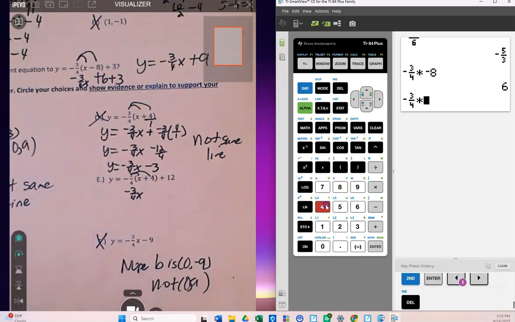Second enter stores your last 10 calculations.